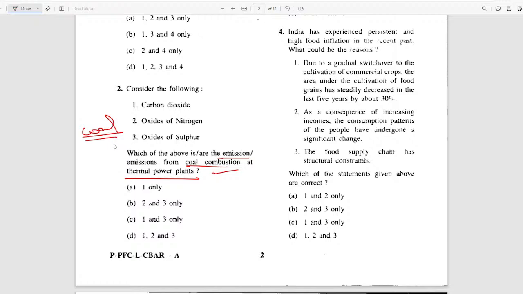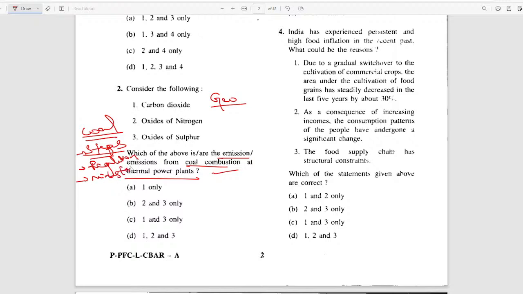The location of the mines is also a geography question, a location-based or mapping question. Then they're asking about the emissions part. You have to go through the emissions and also the steps taken to reduce these emissions, which is also important. And the regulation part of coal: how coal is regulated, and which ministries are involved.